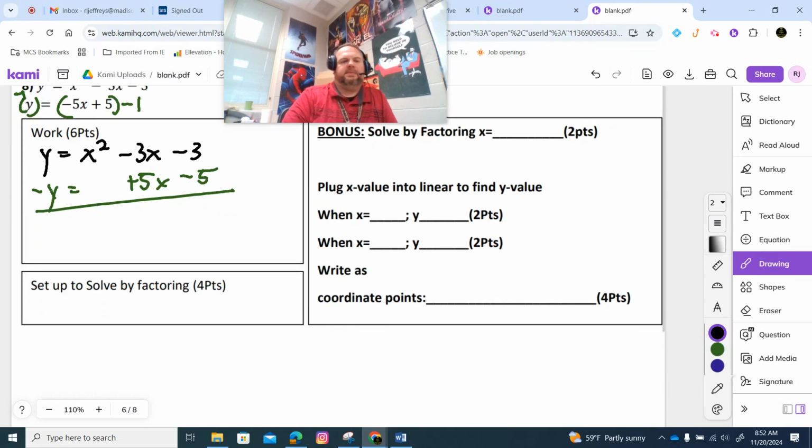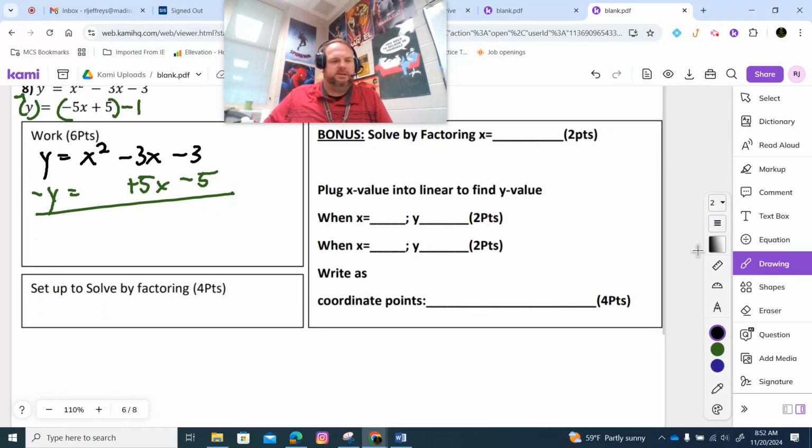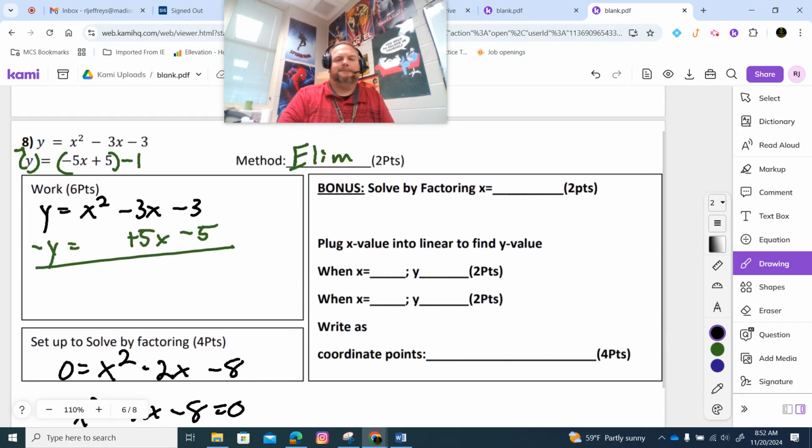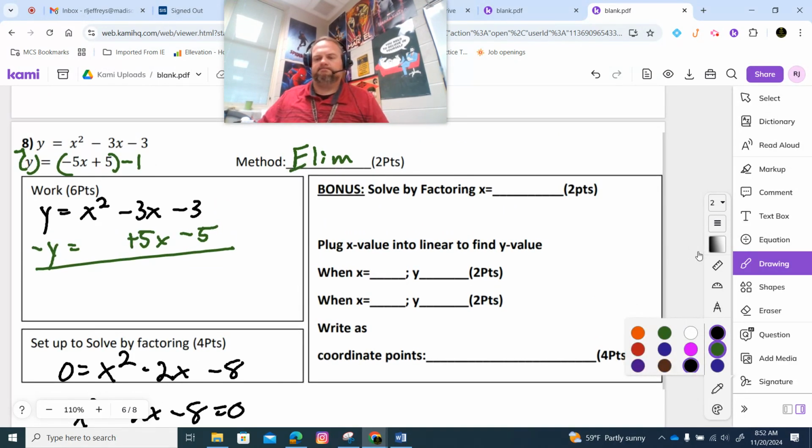So I end up with 0 equals x squared minus 2x minus 8, or you could write it as x squared minus 2x minus 8 equals 0. Doesn't matter.